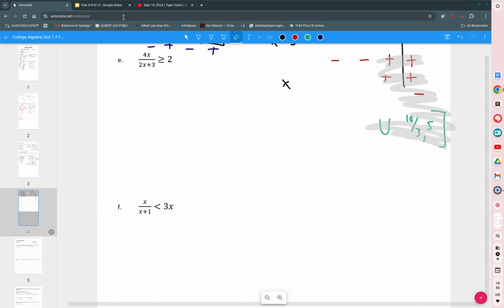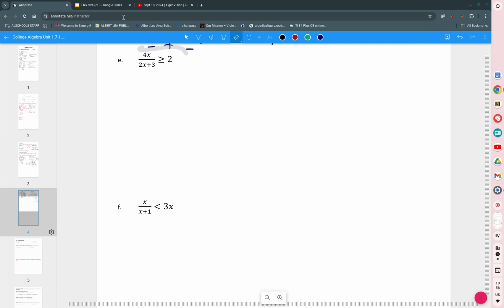So now we put our full skills together, and in order to make this work, we do want to set it equal to 0, and we do want it factored. So what I'm going to do first is move that 2 over to the other side.